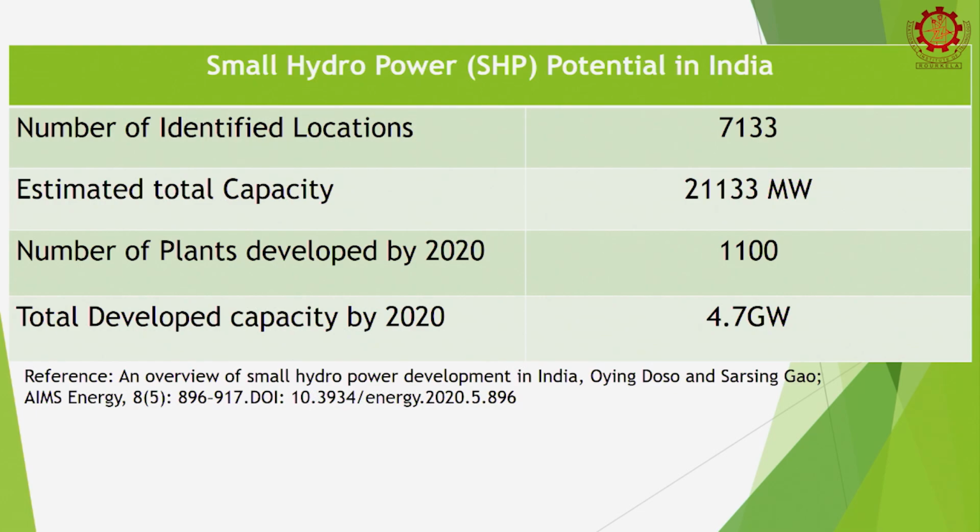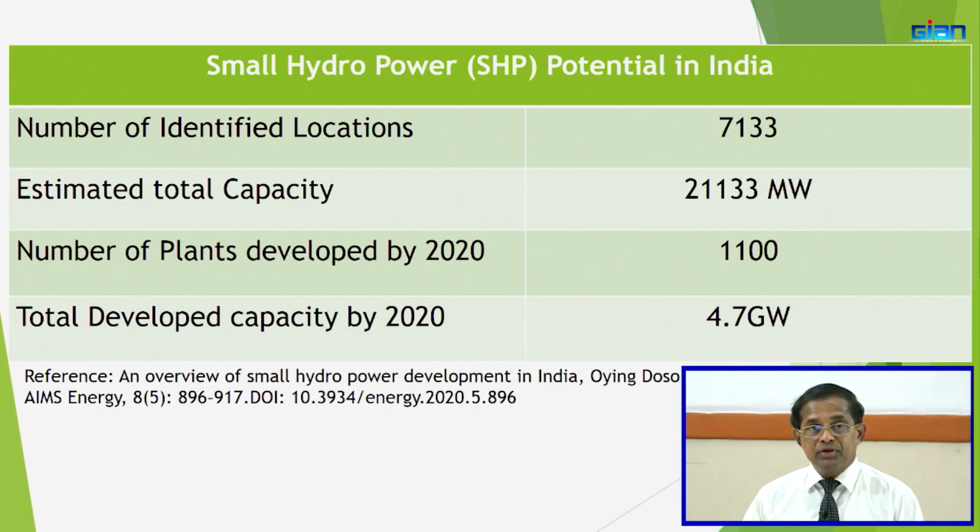And by 2020, only 1,100 plants have been developed throughout the country. Therefore, there are plenty of other opportunities where small hydropower plants can be implemented in India, and the total capacity developed by 2020 is a mere 4.7 gigawatts, or 4,700 megawatts, out of 21,000 megawatts.